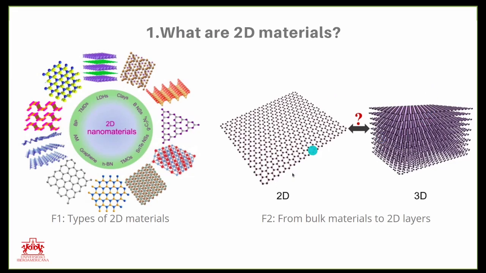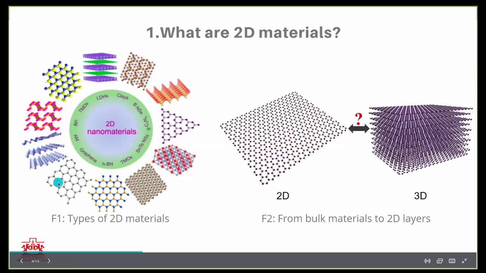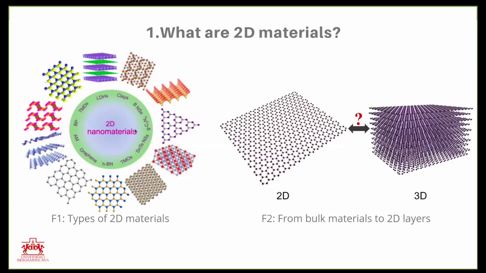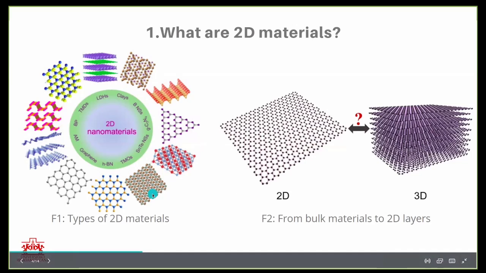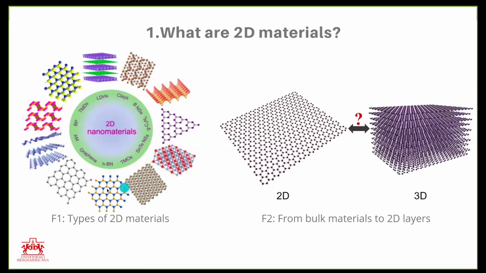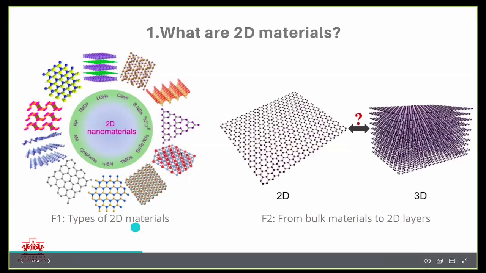And the thickness of these materials is what gives its name of 2-dimensional materials. The main 2-dimensional structures are the graphene family that you can see here, MXenes, metal oxides, and transition metal dichalcogenides that we are going to see later. But look, there are many other nanomaterials in 2 dimensions that we can study.